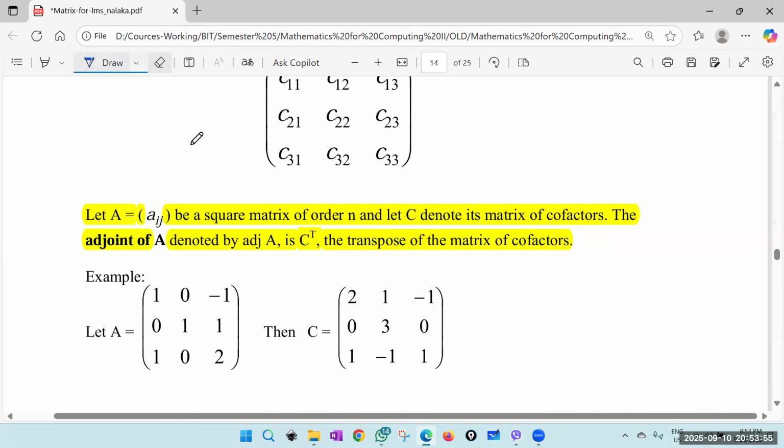You just need to prove that this is the cofactor matrix of this. You just need to do very simple things. Okay. Just remember this is not rocket science at all.